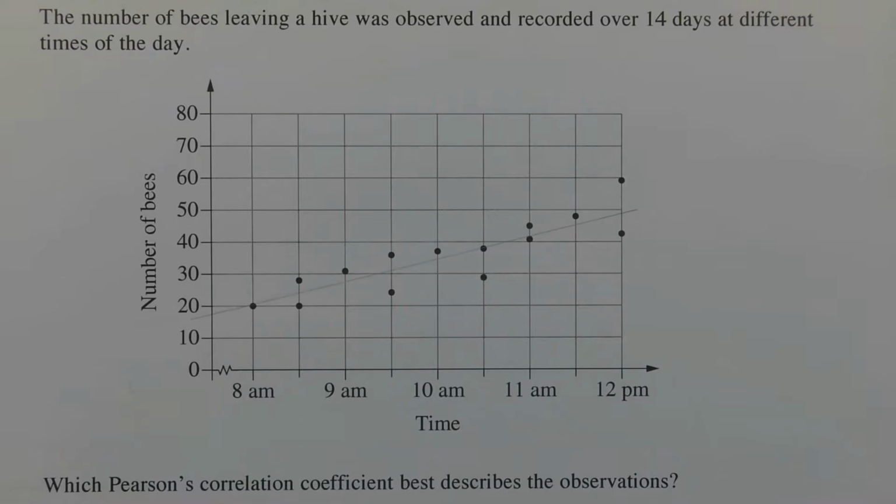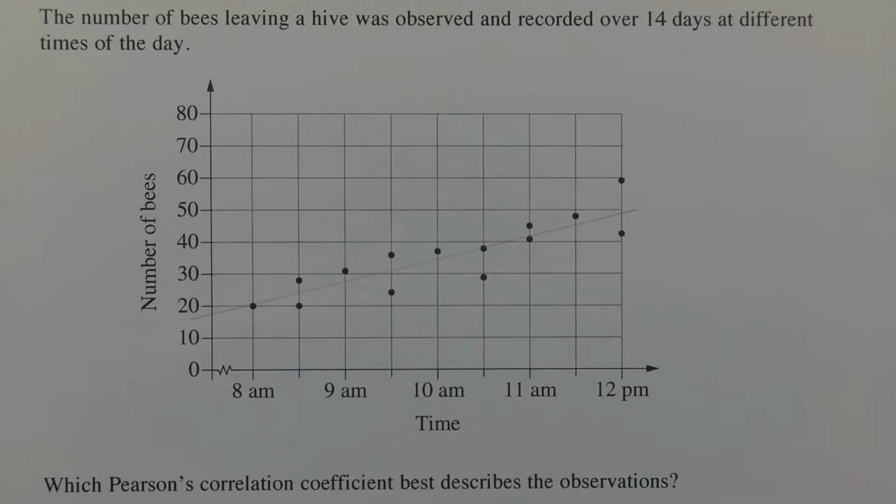Now, looking at this line of fit, we can see that we have a positive correlation since it has a positive gradient between the number of bees and the time of day. And looking at the distance between the points and the line itself, we can see that the points are reasonably close to the line, which indicates a reasonably strong correlation.